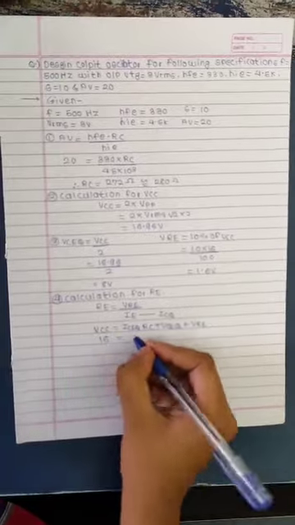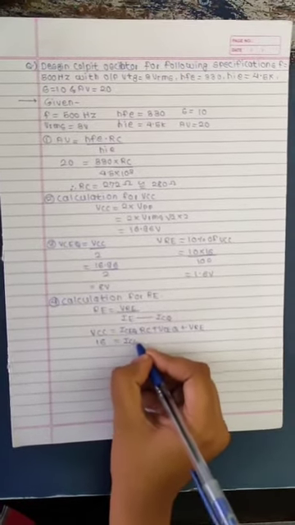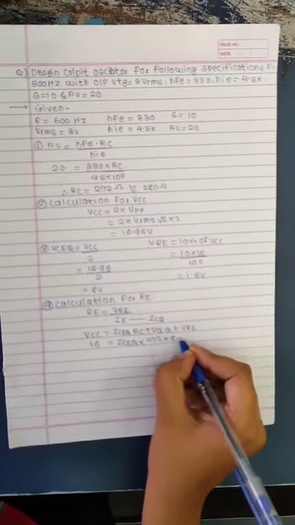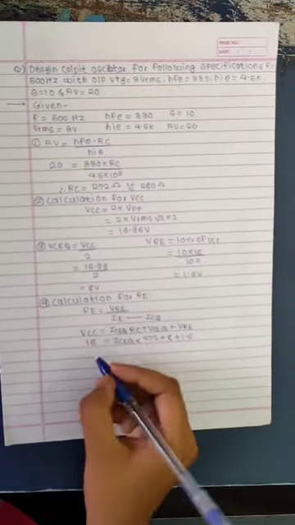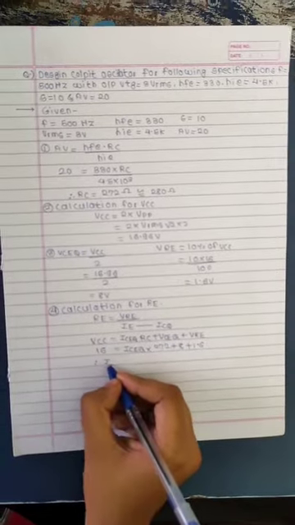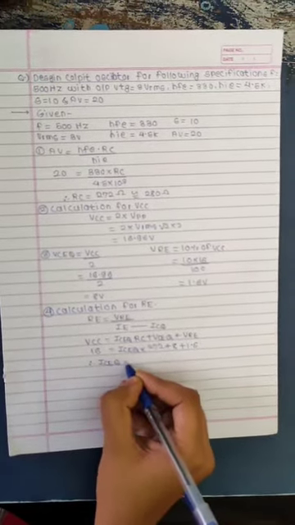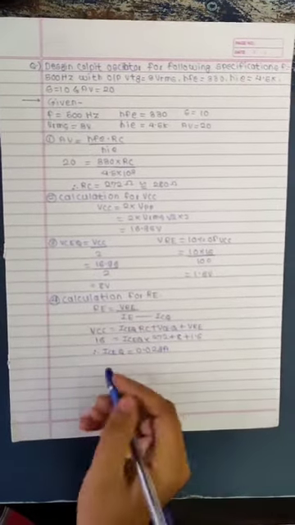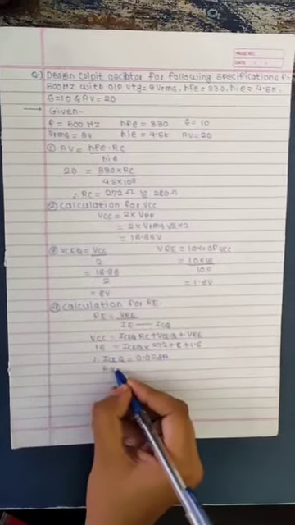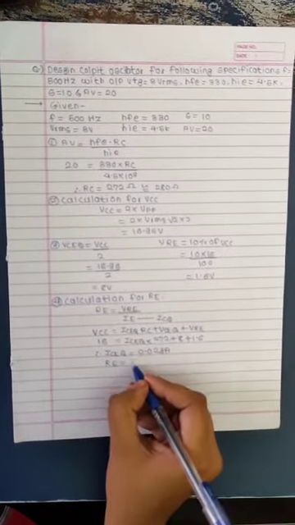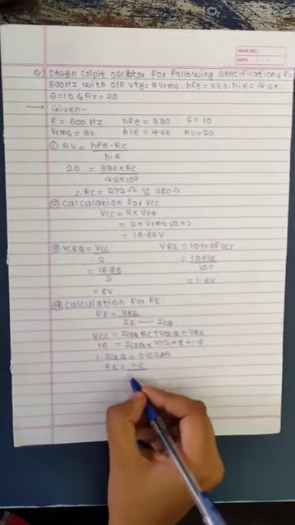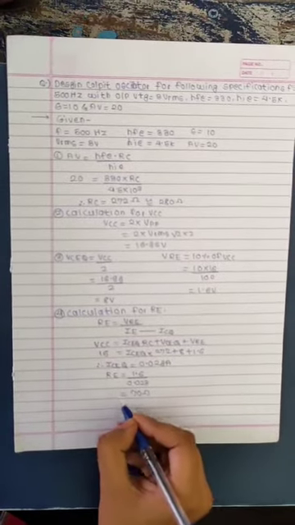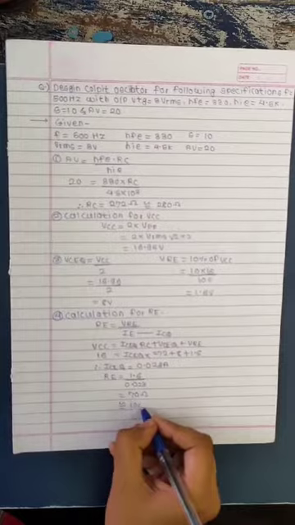Then 16 is equal to ICEQ into 272 plus 8 plus 1.6. Therefore, ICEQ is equal to 0.023 ampere. Then RE is equal to VRE is 1.6 and IE is 0.023 is equal to 70 ohm, and it is equal to 100 ohm.